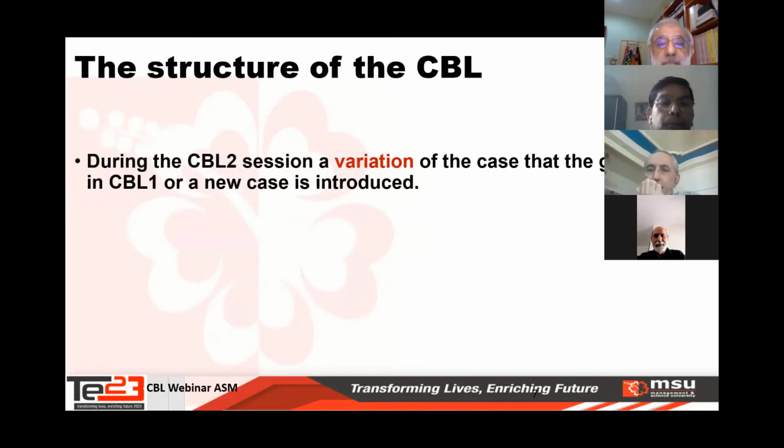During the second session, basically, if we have discussed any case in the first session, the second session would give a different variation of that case. Or if we have discussed theory in the first session, the second session may give a scenario where the previously acquired knowledge is applied.